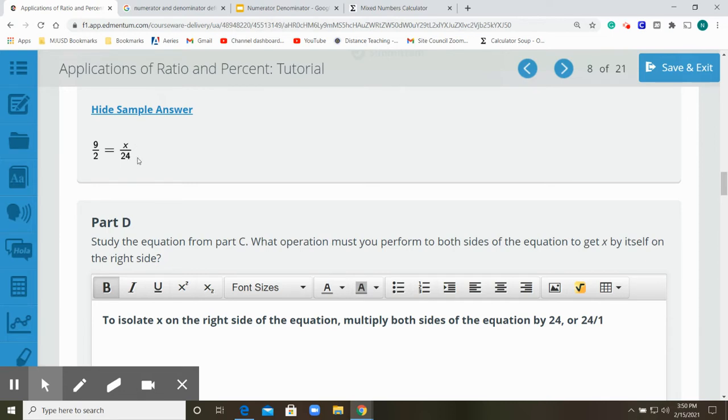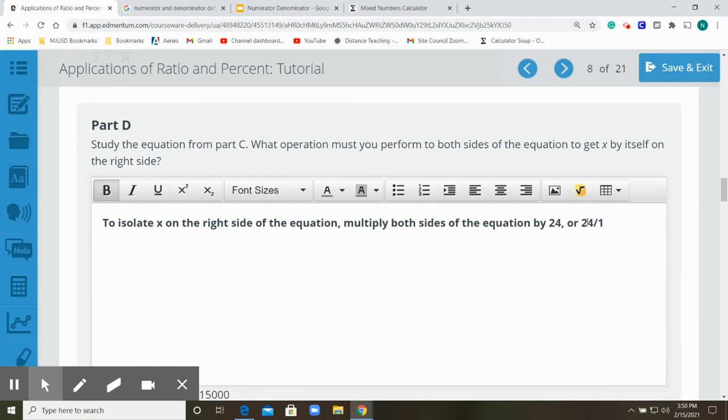To undo, we do the opposite operation. So the opposite of divide by 24 is multiply by 24. We can also multiply 24 over 1, because if we look at our calculator soup and our fractions calculator, we can see that it's the same thing.